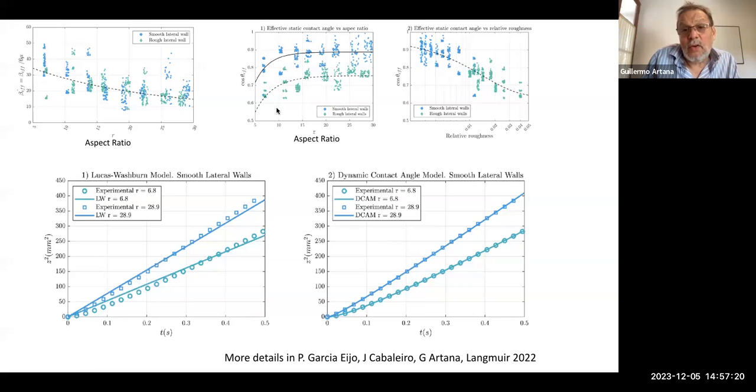On the contrary, when you correct with the friction factor and the effective contact angle, you obtain results like this, in which the results between experiments and analytical results are in very good agreement. These results are described in this publication of last year.